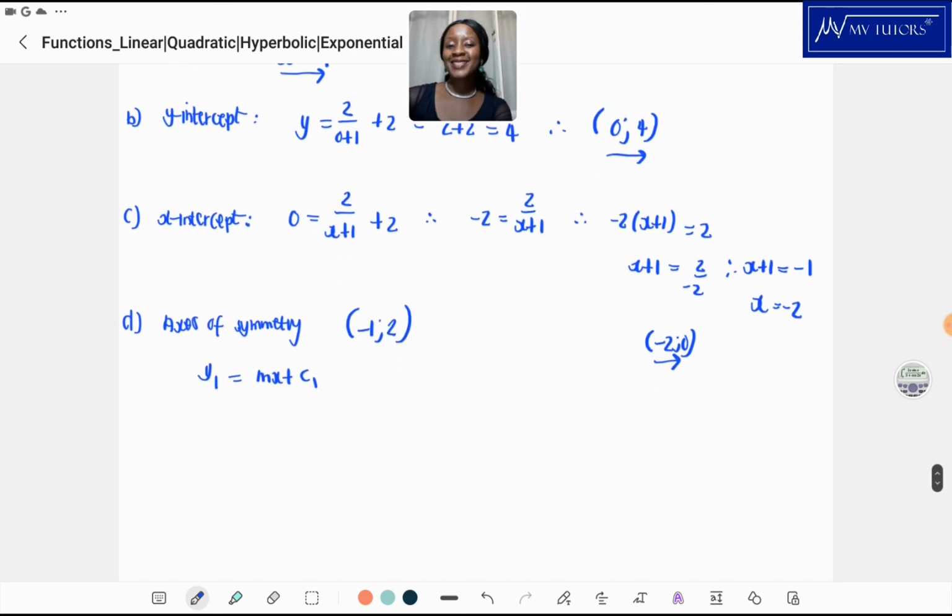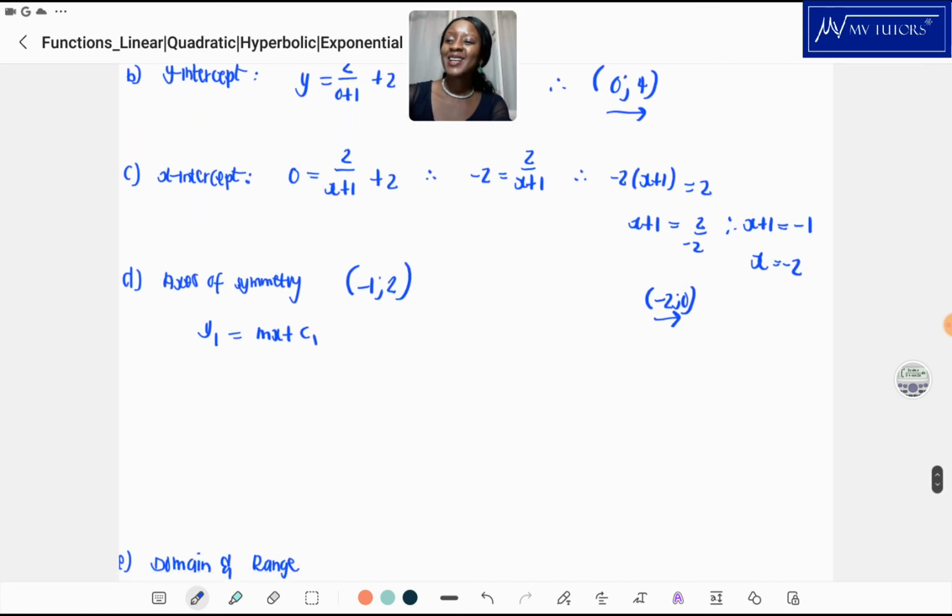I have my gradient there, which is 1. So I'm going to substitute in this value. y is 2, m is 1, x is negative 1, and I have c1. Therefore c1 will be equal to, so 1 times negative 1, that's negative 1. If I take it to the other side, it's positive. So c1 is equal to 3.